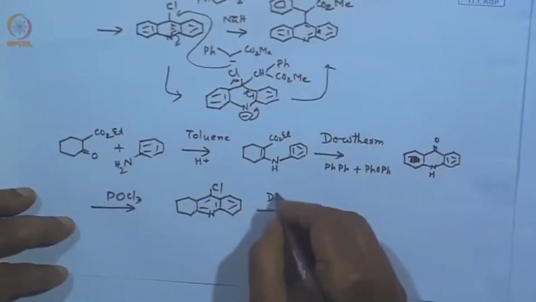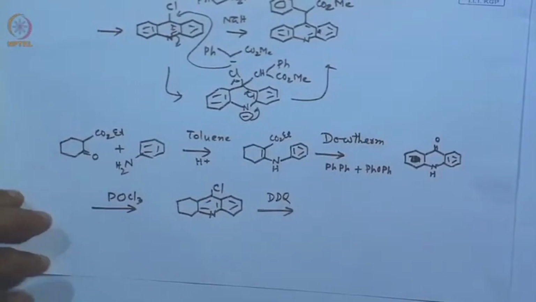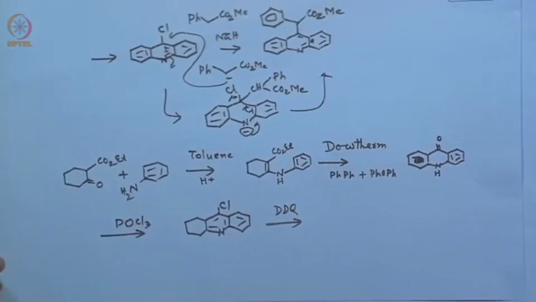For example, if you want to try DDQ oxidation, there could be a complication, number one. Number two, since you are young, you should know that DDQ is very expensive. So you should find a substitute for DDQ if you can.